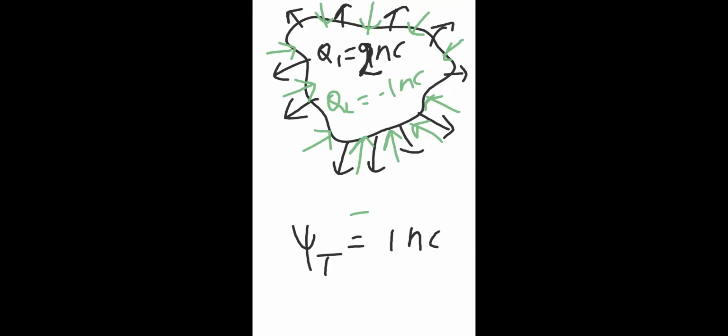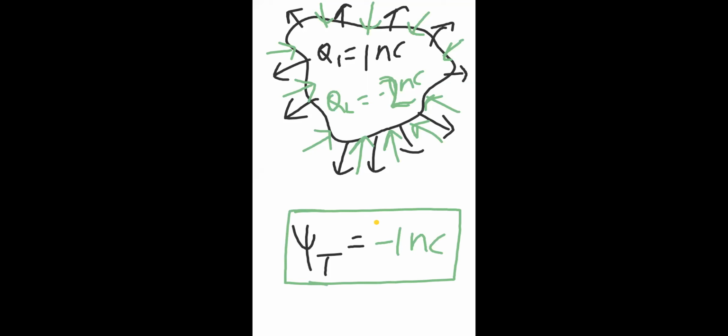Or otherwise, another way you can take it: say this is 1 nanocoulomb, and this is minus 2 nanocoulomb. Definitely your answer will be minus 1 nanocoulomb. Gauss law says the amount of lines coming out of the surface, but finally you are getting a negative answer.